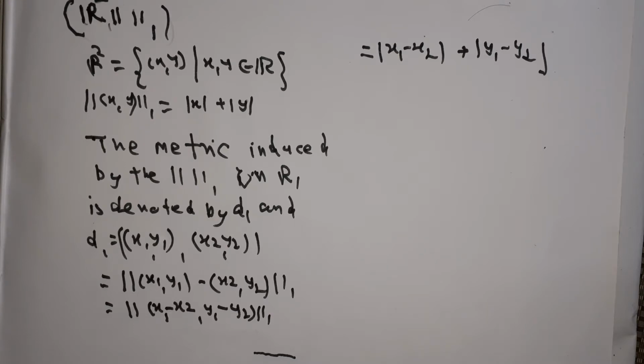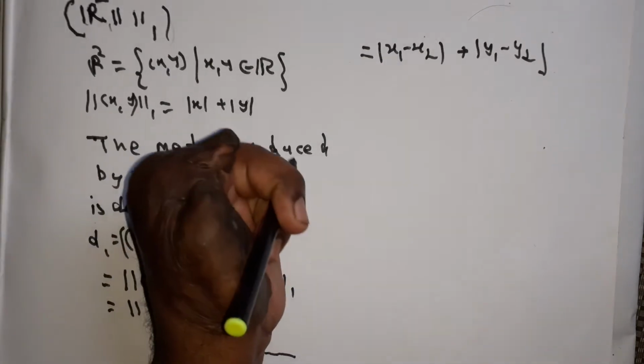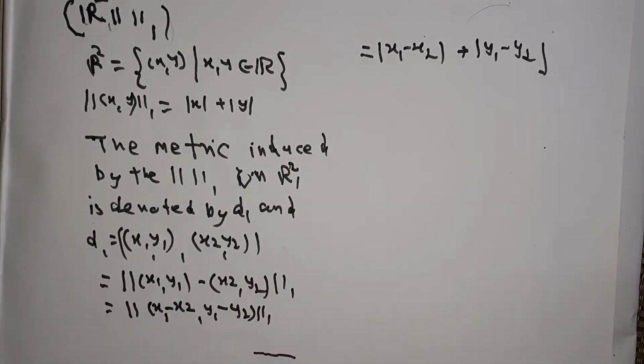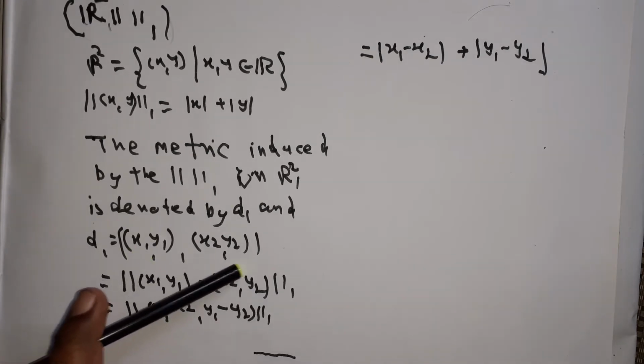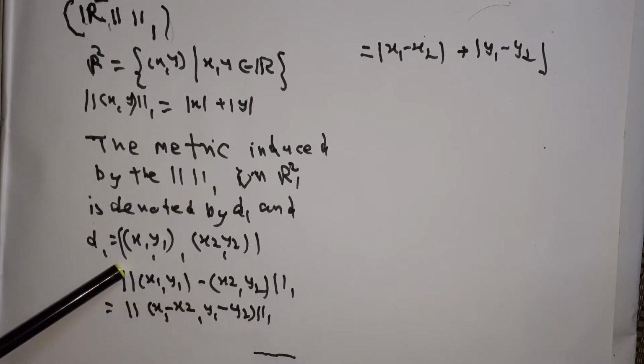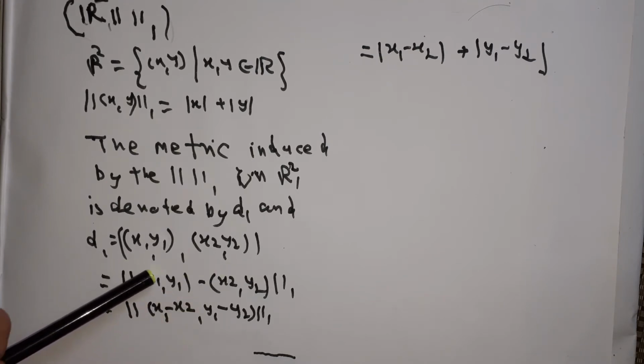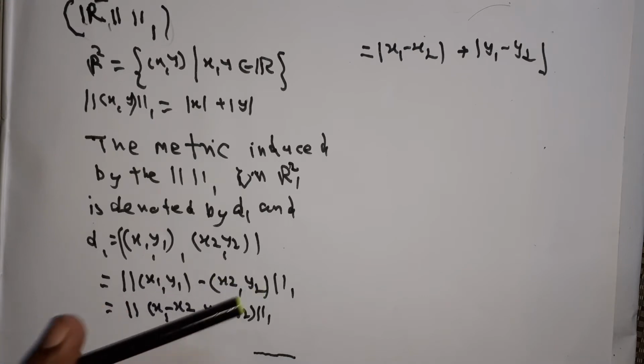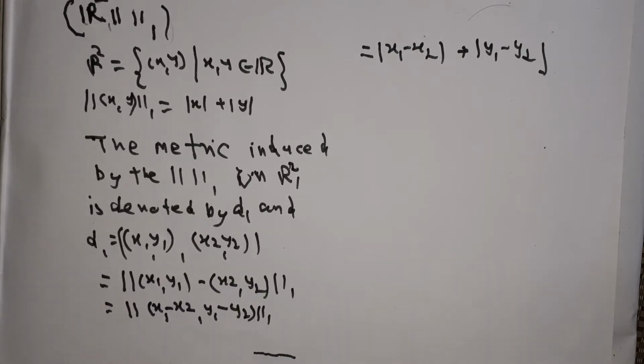The metric induced by the norm 1 on R2 is denoted by D1, and the D1 distance between the points x1 comma y1 and x2 comma y2 is equal to norm 1 of the point x1 minus x2 comma y1 minus y2, which is equal to mod of x1 minus x2 plus mod of y1 minus y2.